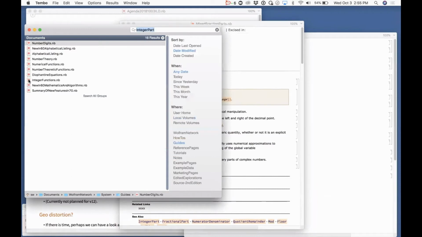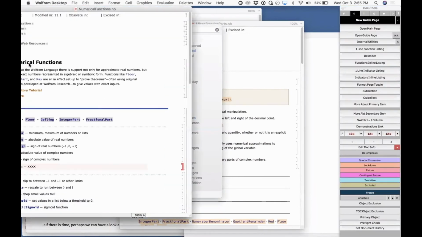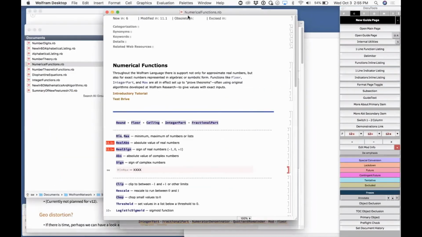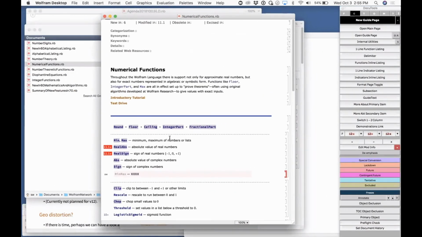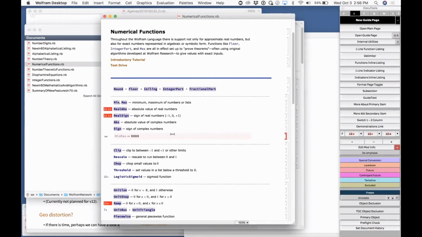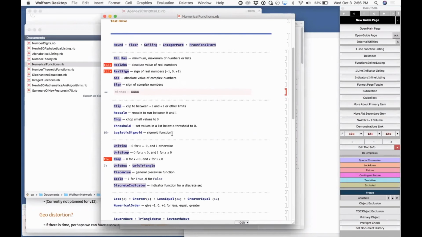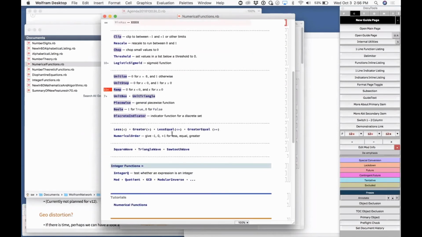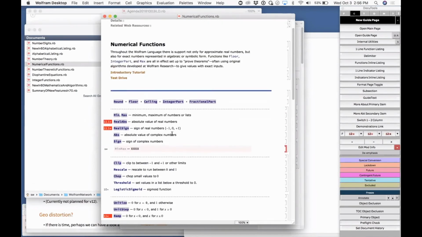Numerical functions, integer functions, numerical functions. Wow. It's very prominent at the top there. I think we'd have to list it along with those.